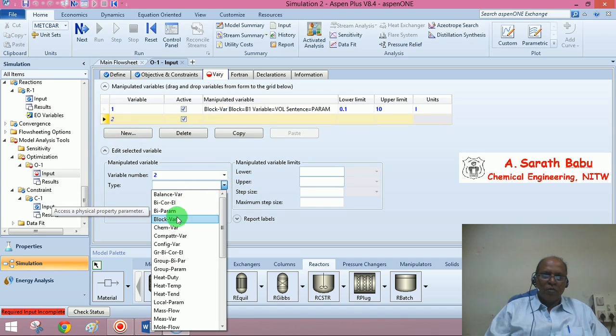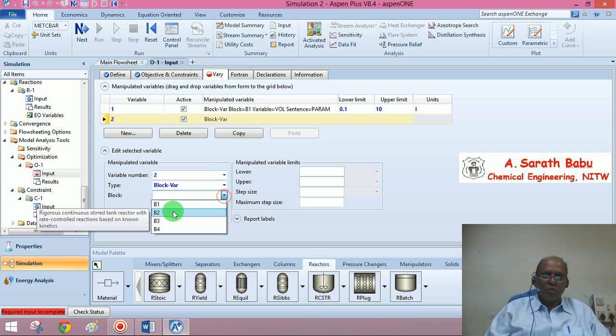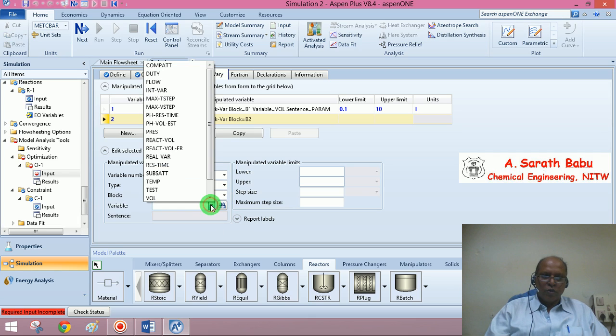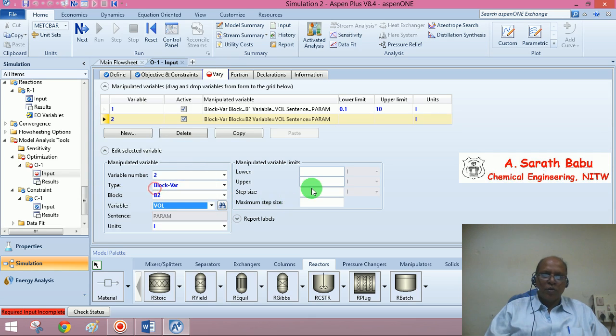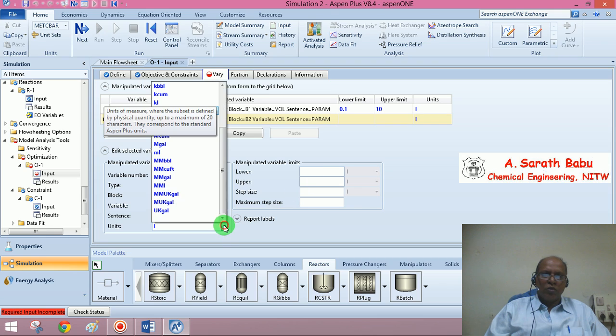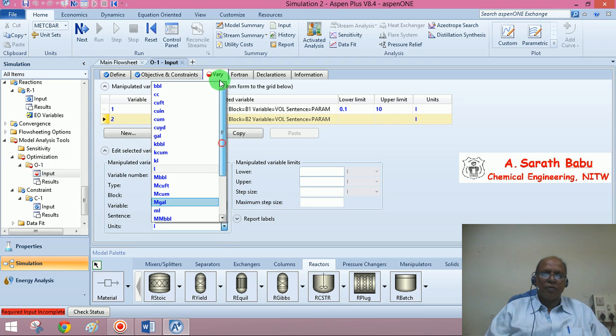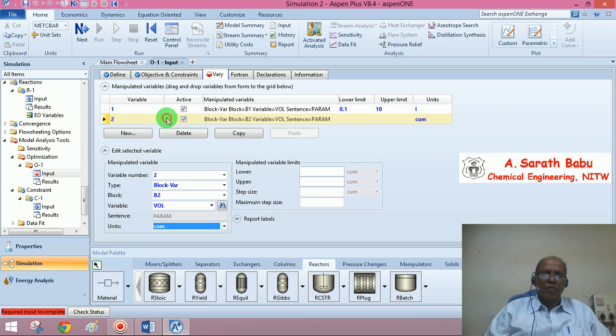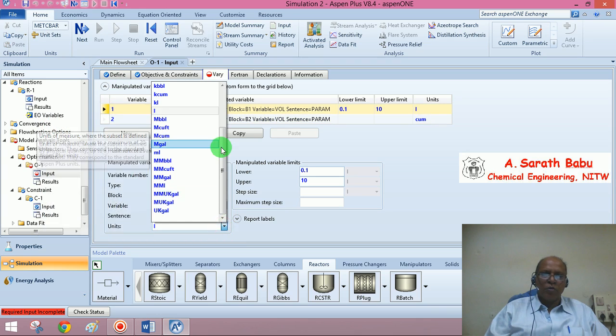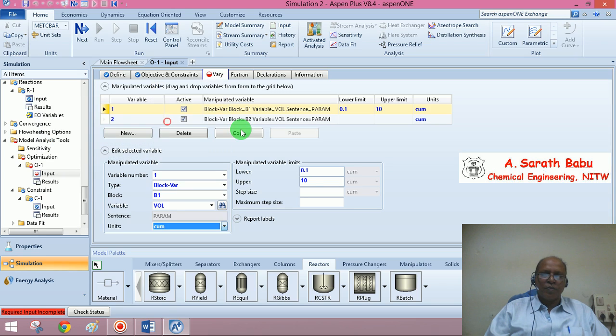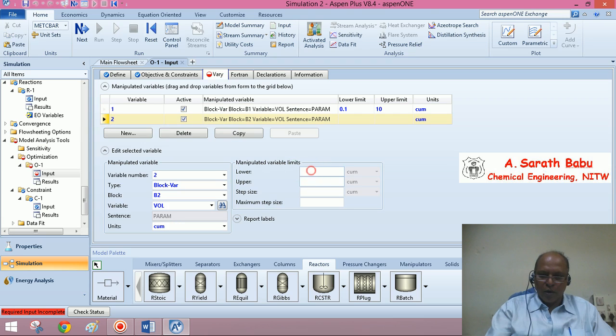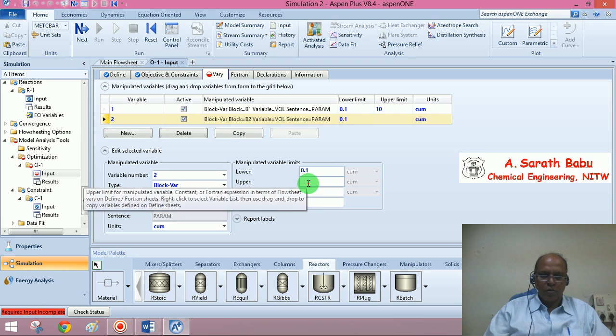Similarly, block variable, block is B2, variable is volume. This should be in cubic meters. Again 0.1 to 10.